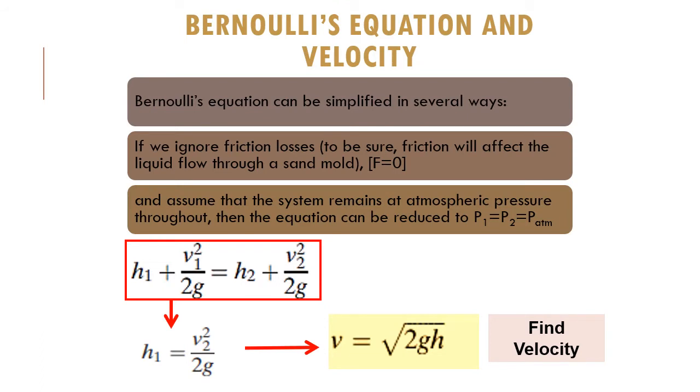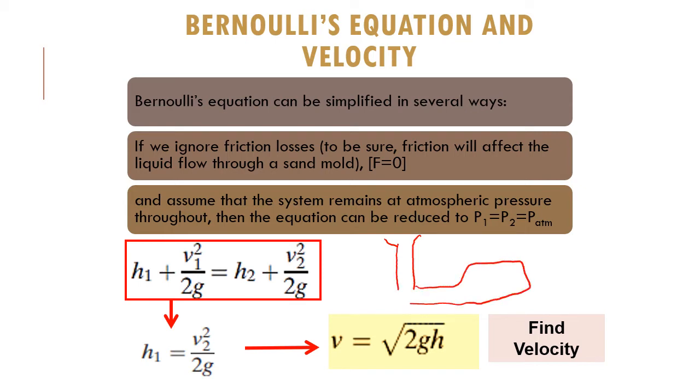Now, the Bernoulli equation can be simplified in several ways. For example, if we ignore the friction losses, meaning F1 and F2 equal 0, and we assume that the system remains at atmospheric pressure, so P1 and P2 equal P atm during the process, then P1 and P2 cancel out. This leaves the equation H1 plus V1 squared over 2g equal to H2 plus V2 squared over 2g. Now let us assume that this is the sprue and everything is coming into the cavity.